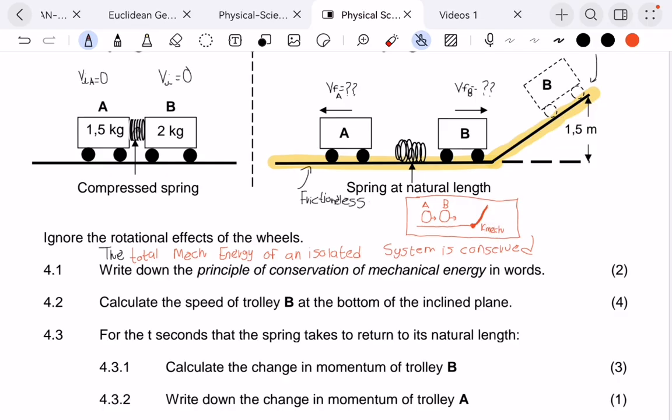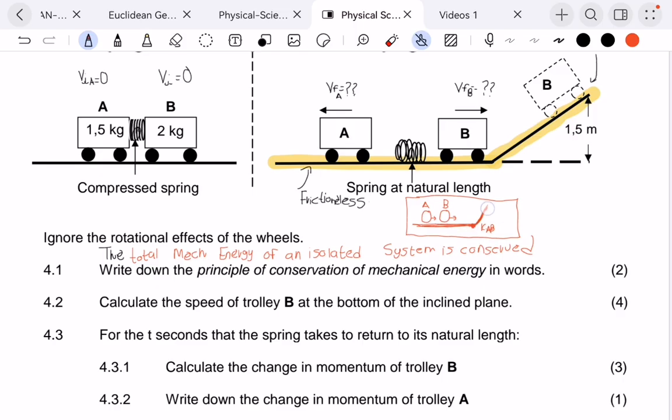The mechanical energy is the sum of kinetic energy and gravitational potential energy, right? Okay, I think I made a mistake here. It's just the kinetic energy of both my objects, so it's kinetic AB. Obviously, since the height is 0 here, the potential energy is 0.